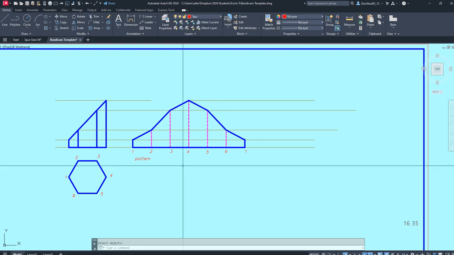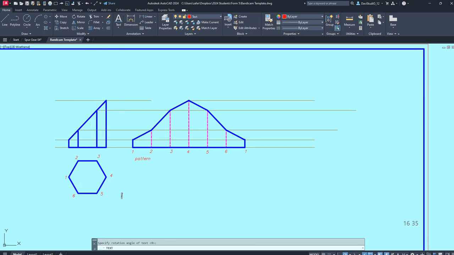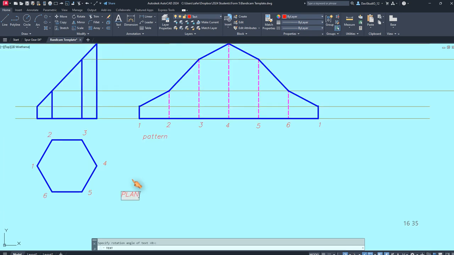Let's go to text, single line text. This is the plan, and we have the elevation.